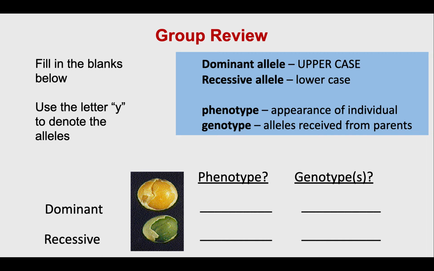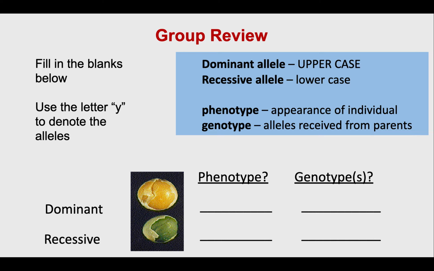If we're talking about alleles, we know we're going to have two alleles, one from mom, one from dad, and we're using the letter Y. What might the genotype be for the dominant yellow key? In terms of Y's, big Y, little y?